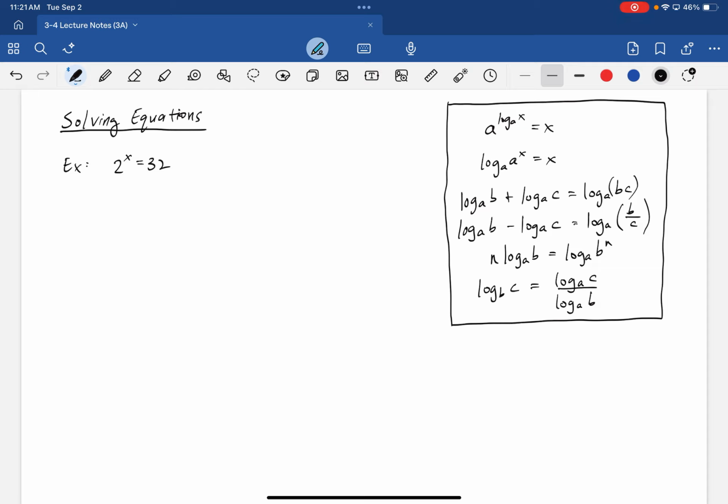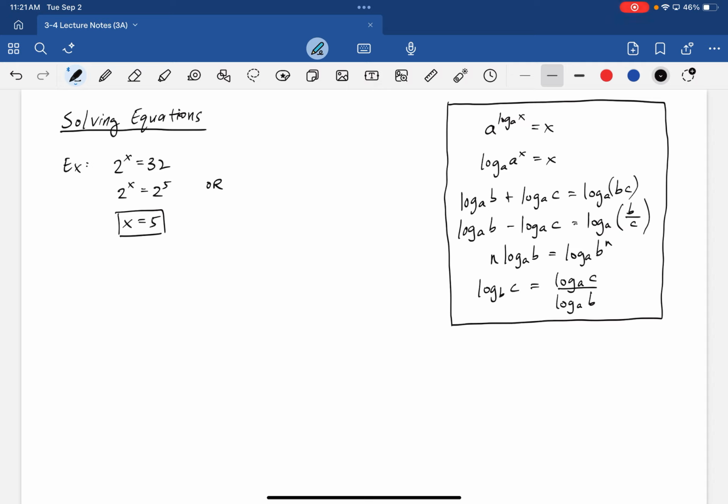So the first way, which Mia suggested, is to make 32 into an exponent with base 2, right? And this allows us to use our 1-to-1 property, and we can just immediately say x equals 5. Right? Super easy. Another thing we could do is take a logarithm of both sides, right?